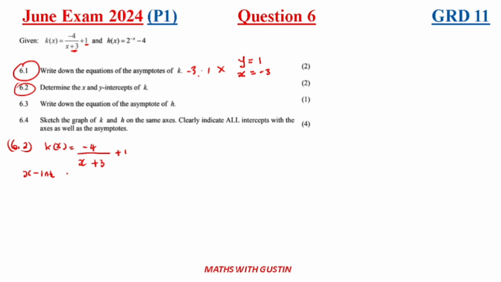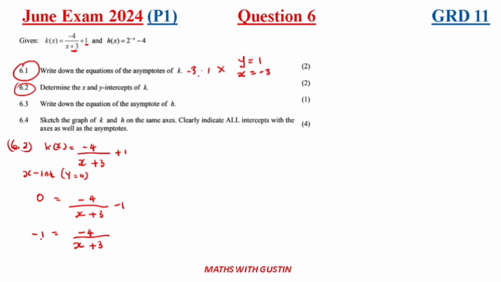X intercept, we get it when y is equals to 0. So therefore here will be equals to 0. It's equals to negative 4 all over x plus 3, minus 1. Take minus 1 to the other side. You're going to have negative 1 here, minus 4 over x plus 3.